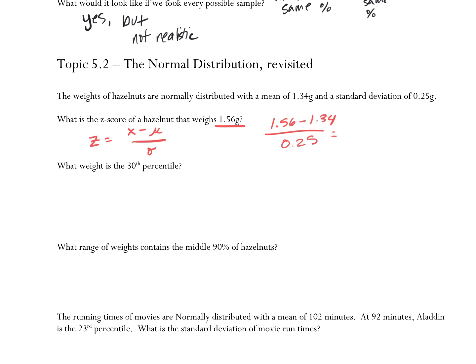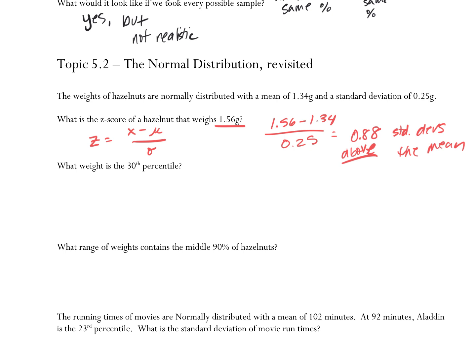We'll talk about that in like 10 minutes. 0.88. So we could say that hazelnut is 0.88 standard deviations above the mean. Again, the word above or below is kind of important, because we're basically describing.